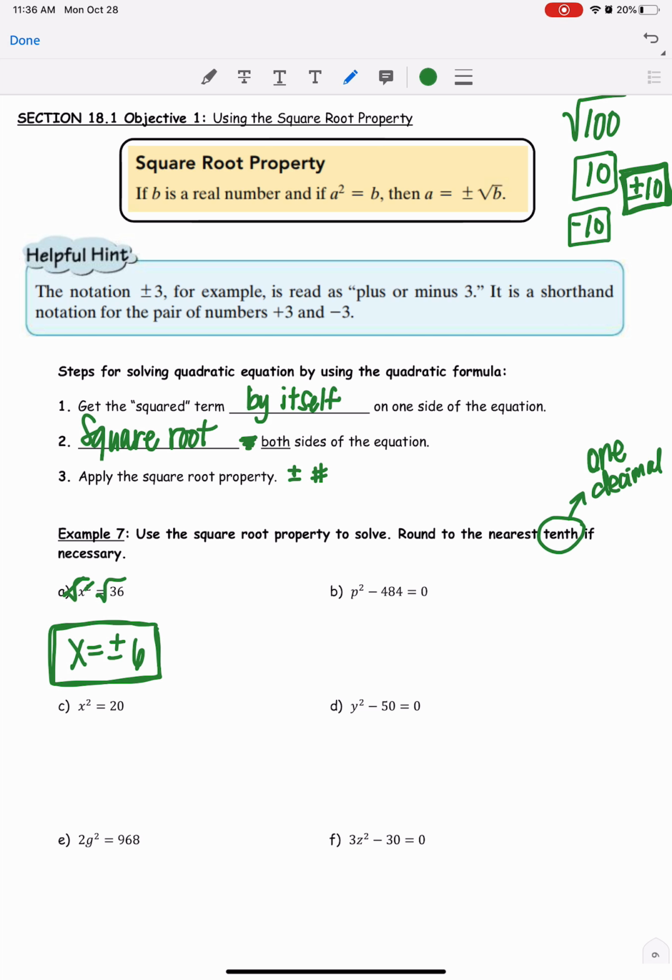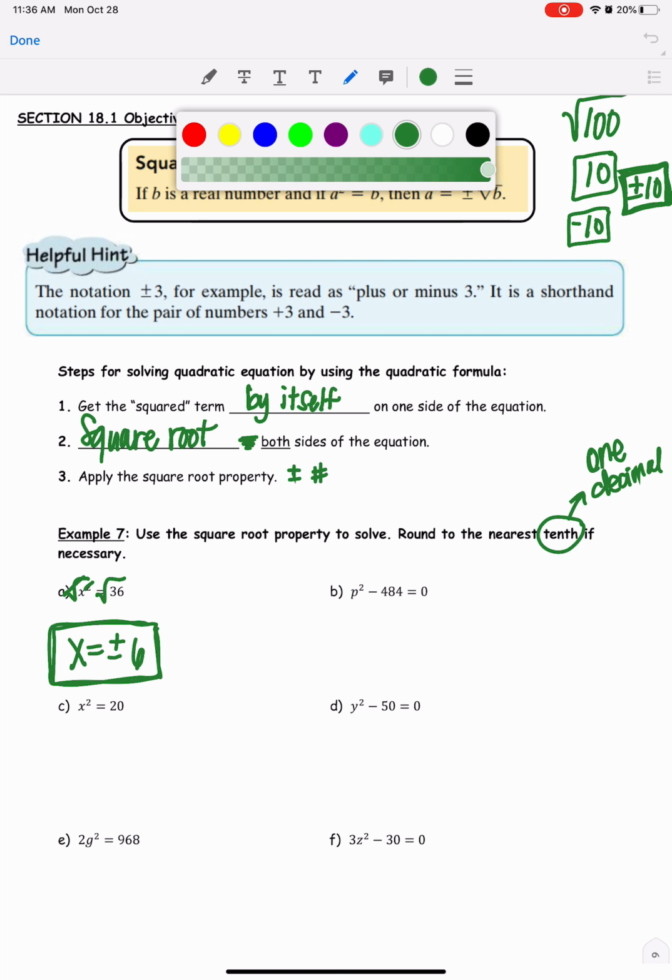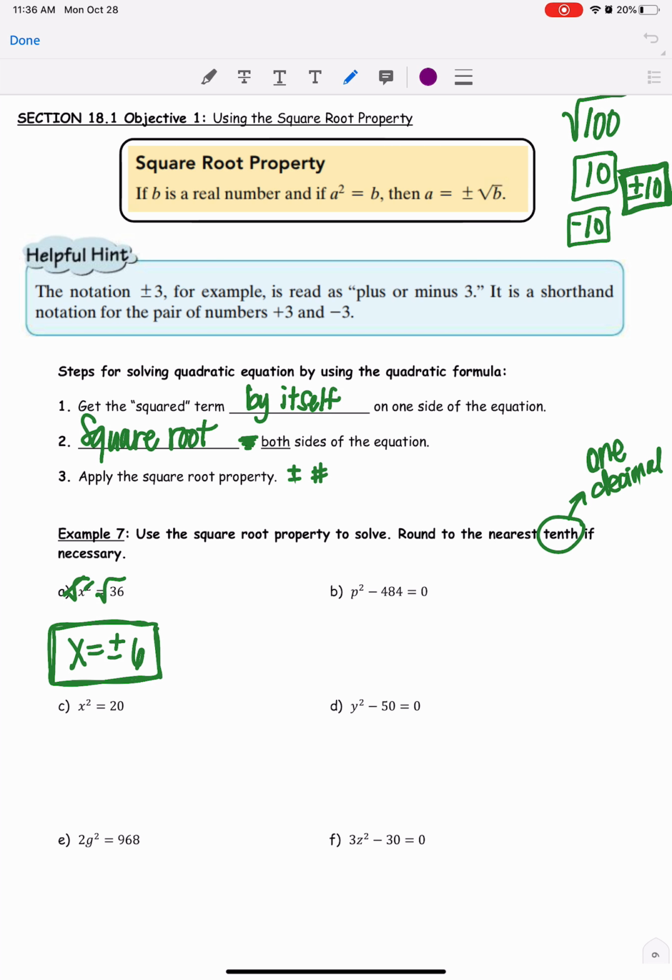Okay, same thing on B. Get the squared by itself. So that means I need to add over my 484. So I'm going to get p squared equals 484.